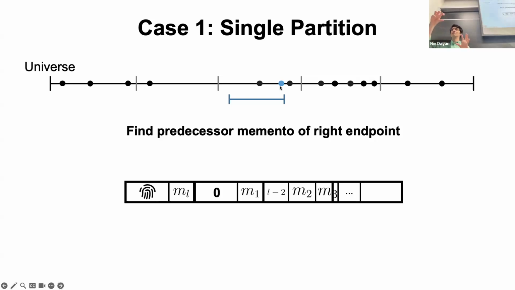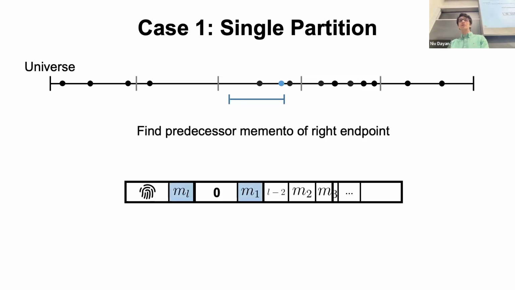This guy is in some sense the most probable key that's going to be in the range. If that guy is in the range, then the answer to your query is a positive. And if it's not, then the answer is a negative. So the way we're going to find this is, we're just going to take into account the max and min, and then we're going to binary search over the sorted list. If you find the predecessor during binary search, then you're done. If you don't find it, you check the max and min. Okay, make sense? All right.